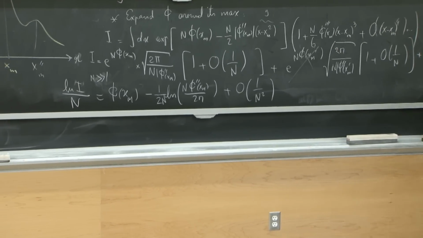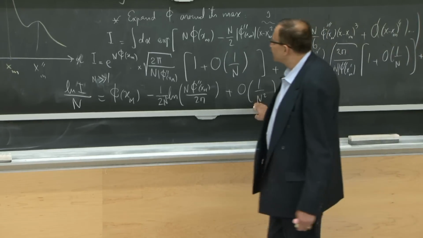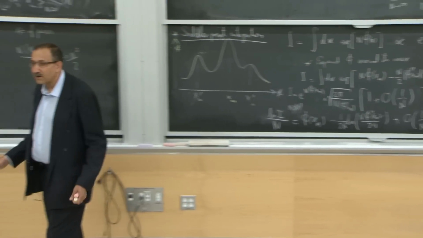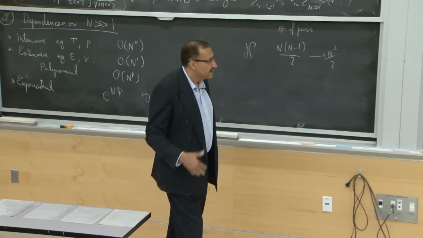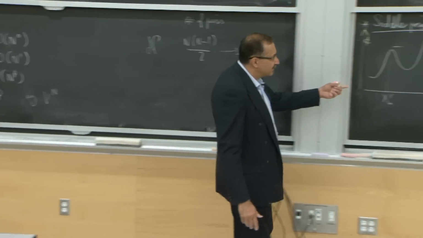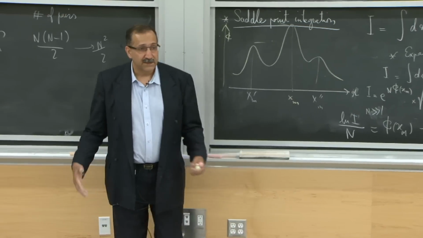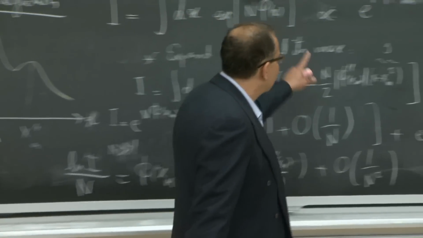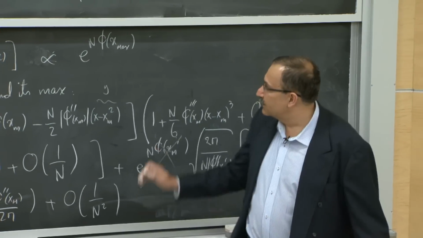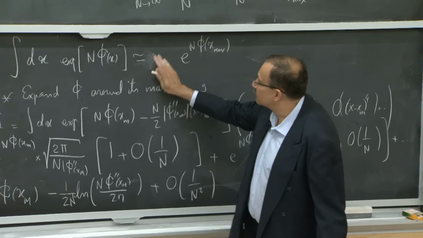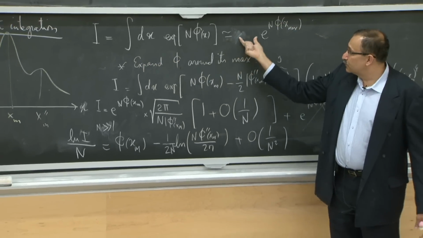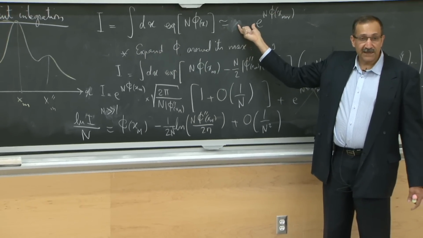Okay, so systematically, in the large n limit, there is a series for the quantity log I divided by n that starts with phi of x_m, and then subsequent terms to it you can calculate. Actually, I was kind of hesitant in writing this as asymptotically equal because you may have worried about the dimensions. There should be something that has dimensions of x here.